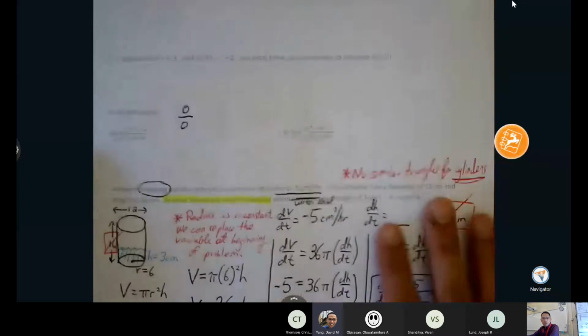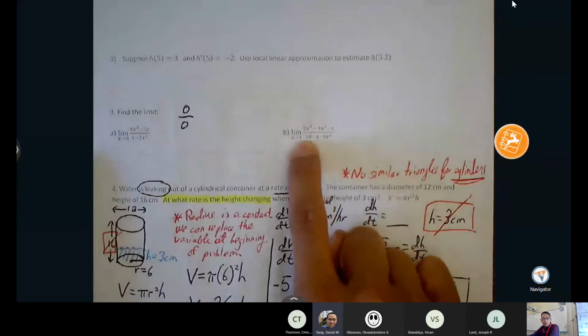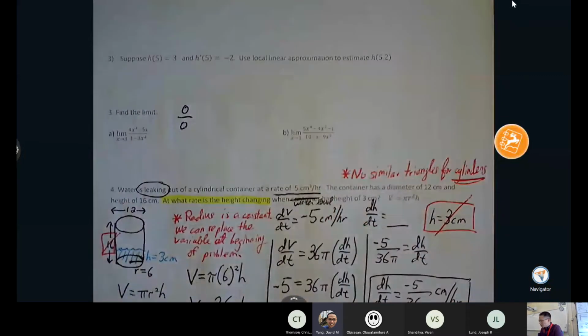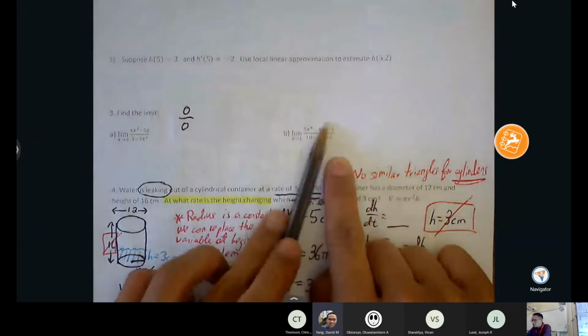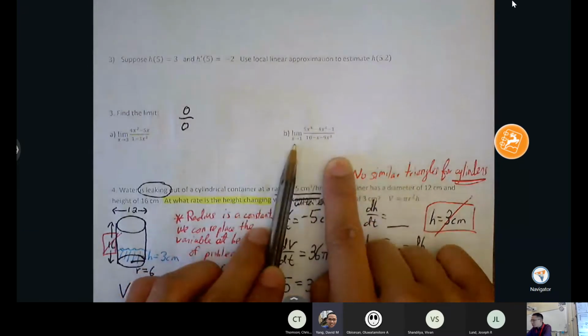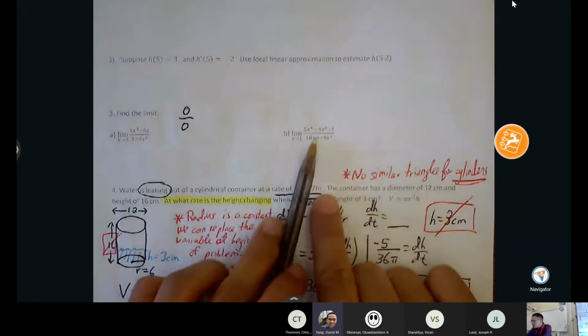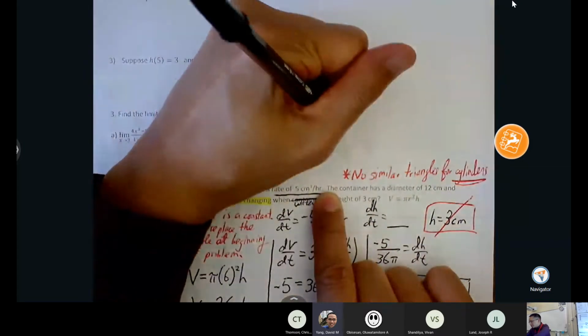All right, so this is L'Hopital's rule. What's the first step? What's the first thing we do with any limit problem? Direct sub. Yep, we're going to substitute 1 in for x and see what we get, right? We don't want to jump to conclusions, so let's see what we're dealing with. Okay, so 1 plugs in for x, 5 minus 4 minus 1.